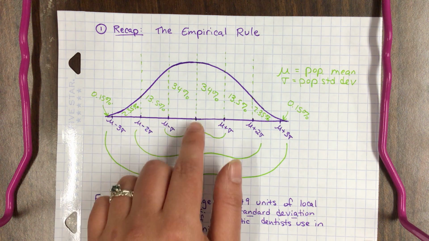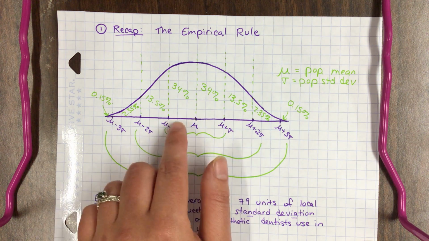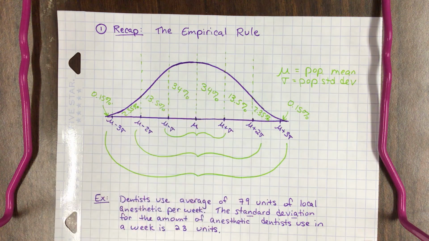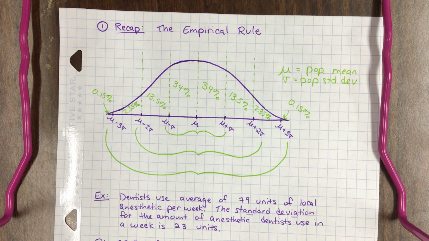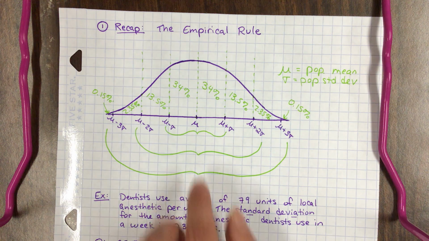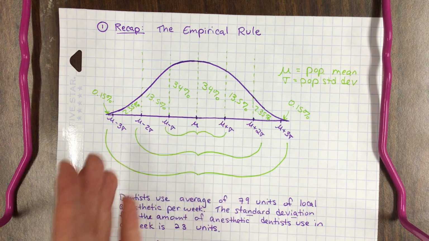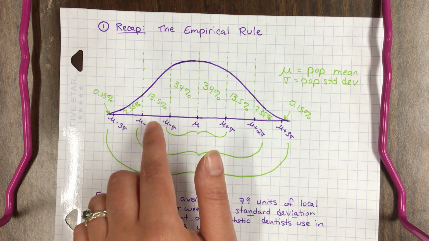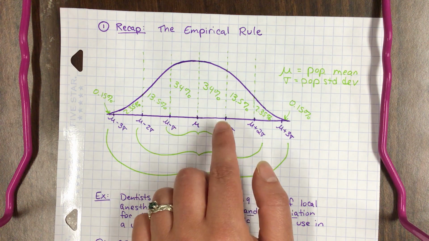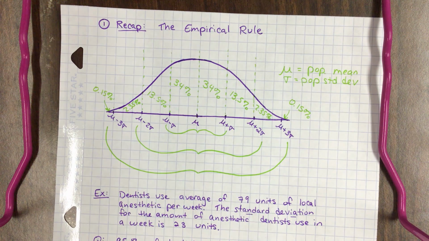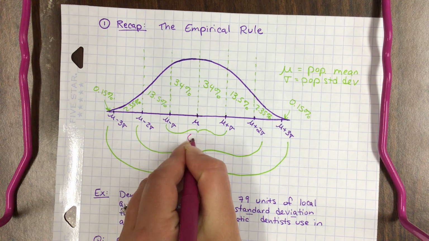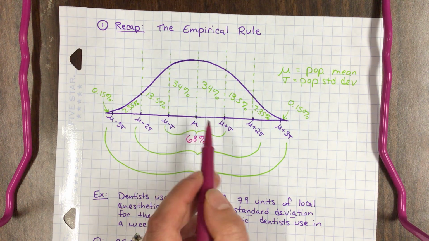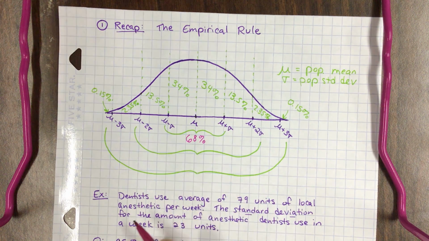And if I start at the mean and I go down one standard deviation, I'm going to have another 34% roughly of my data. So in an interval that goes from one standard deviation below the mean up to one standard deviation above, I'll get about 68% of the measurements in my data set.